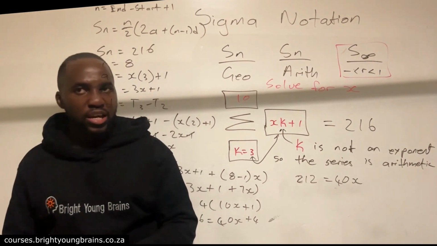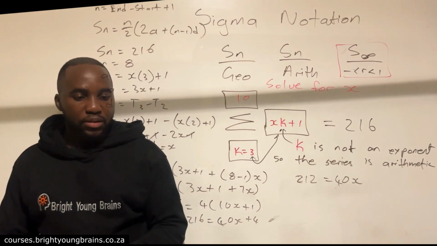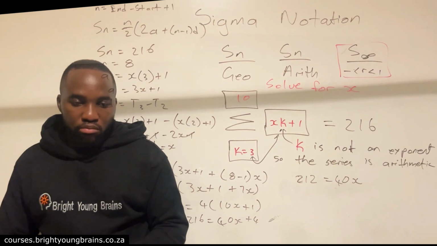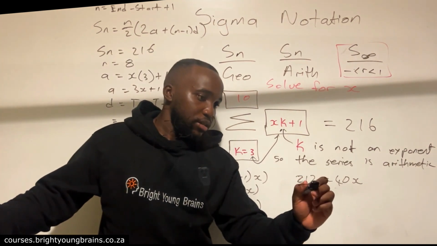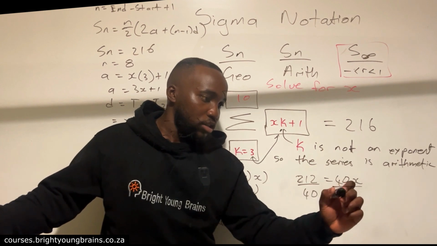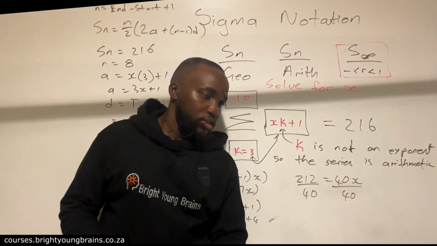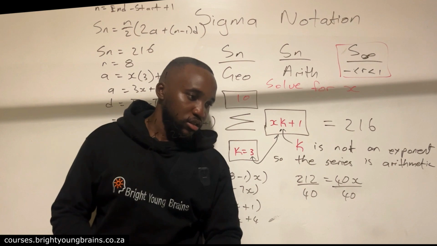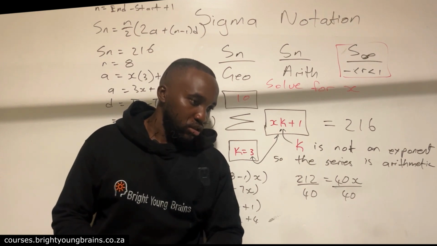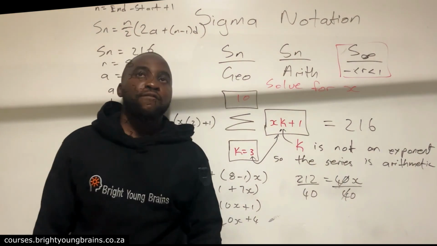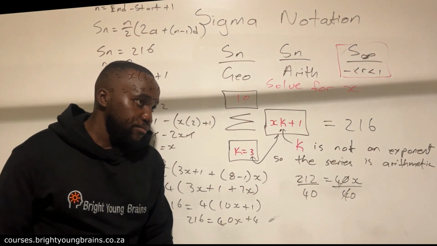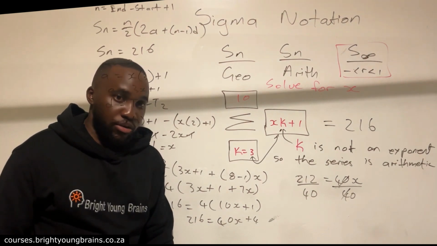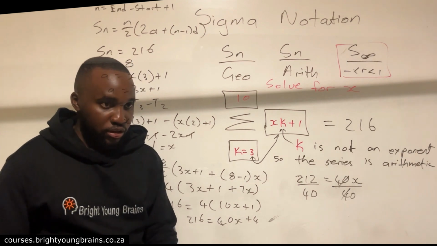Maybe in the previous question I made a mistake, which is a bit scary. But let's see. Divide this by 40. Let's check what that gives us. This does not look like it's going to give us a 4. 5.3. So I definitely made a mistake somewhere, and need to find where that mistake could have been.